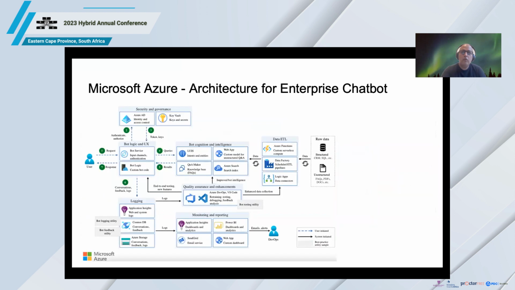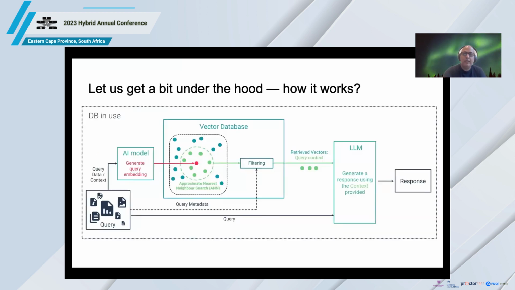So if you go to, for example, Microsoft Azure today, and if you want to launch your own private chatbot, this is what Microsoft shows, a bit complicated here, but essentially this is how it looks. So basically, a user asks something, and that request is passed by an LLM, is sent to a vector database, and it is searched among the database, and a response is found and is sent back to the user.